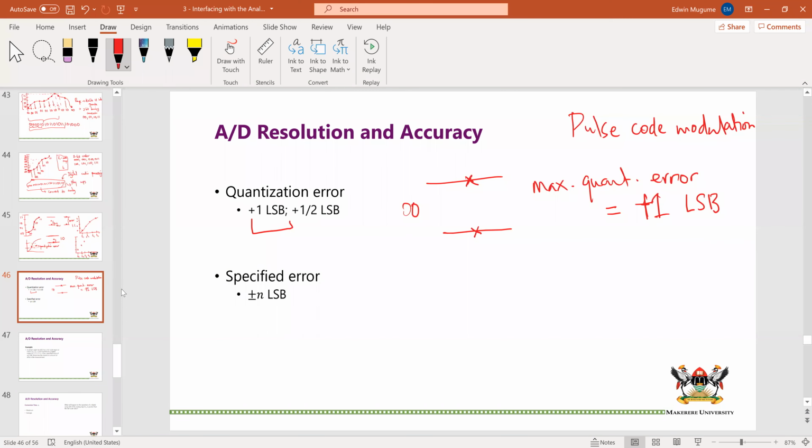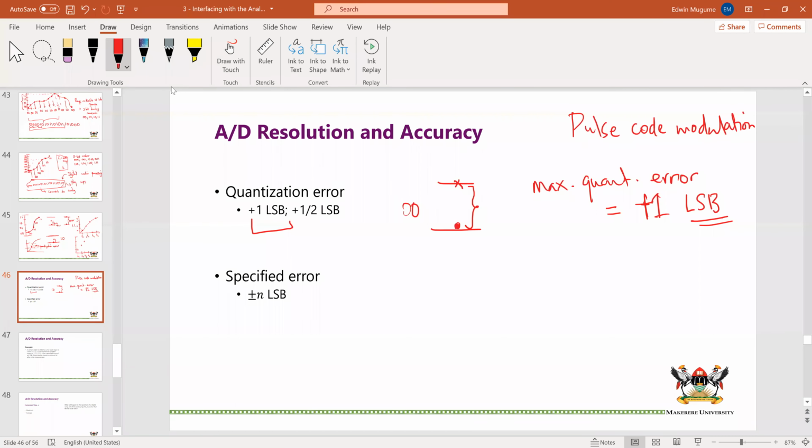Because if for instance I'm taking it at that point, whereas maybe my sample was at this point, we are trying to create a scenario where the quantization error is maximum. It means that the error here is about one step, and we know that one step is equivalent to the weight of the lowest significant bit.